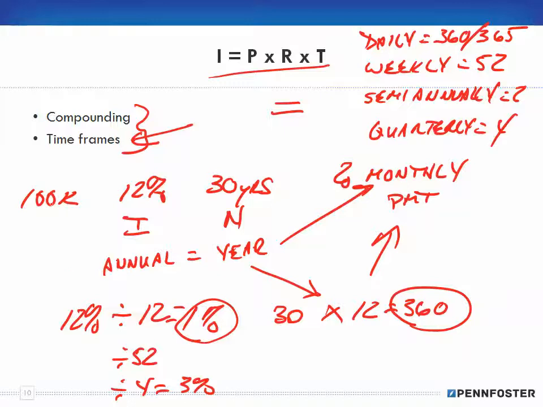For example, I could figure out what the interest is on $100,000 at 12% for 30 years, and then I'm going to have to convert the 30 years all the way back to monthly.